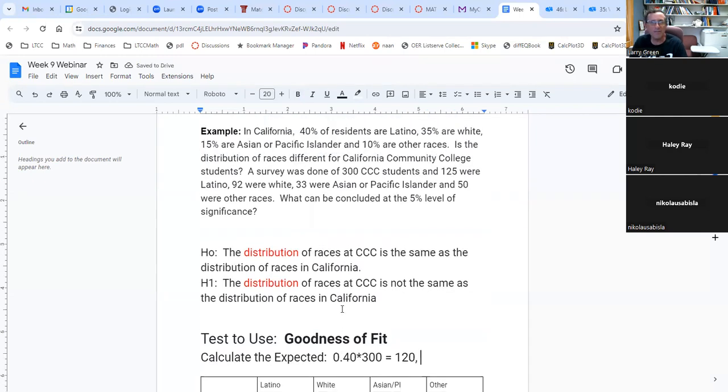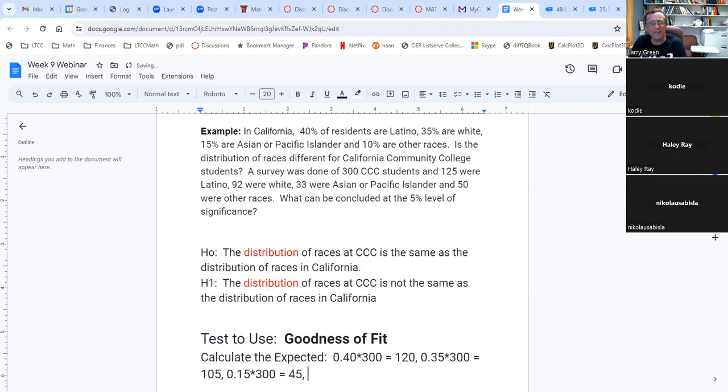For the white, we would expect 35% to be white. That's going to be 0.35 times 300. And if you work that out, that is 105. Okay. For the Asian, 15%, that's going to be 0.15 times 300. And that's 45.